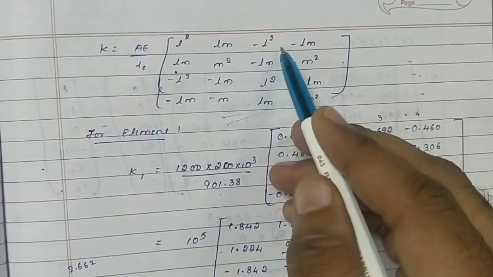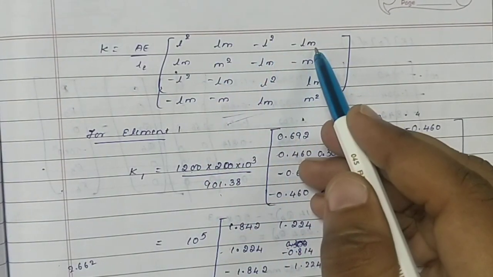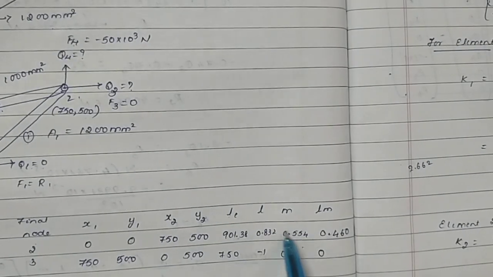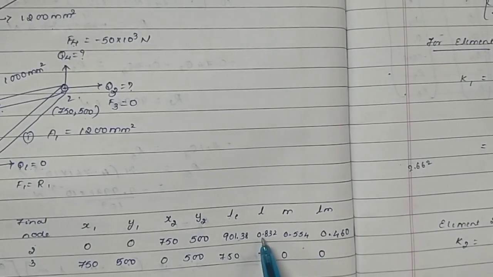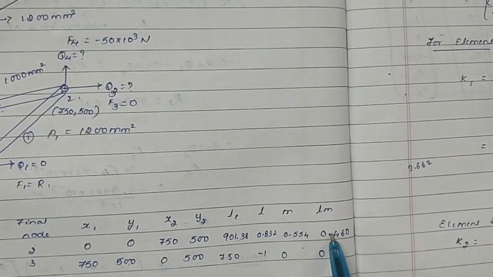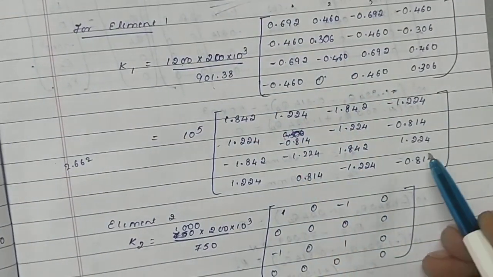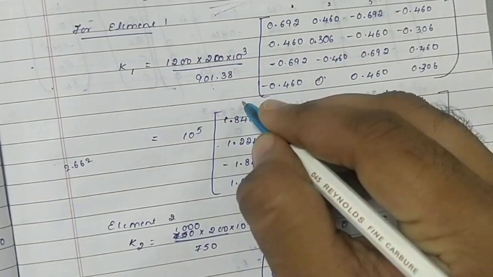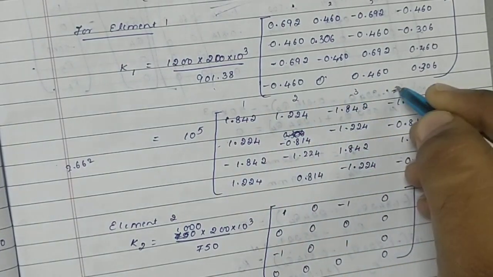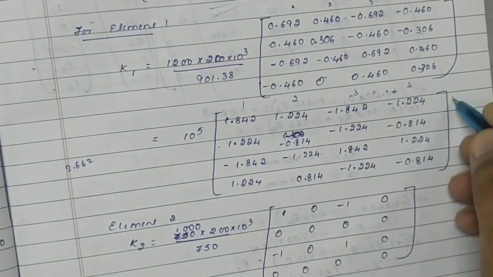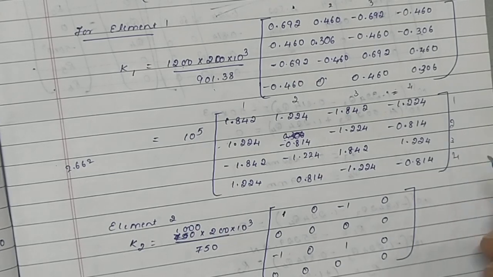Then use L square, LM, minus L square, minus LM, the same for the first element, L square, M and LM. All of this you have to use for the first one. Take 10 power 5 as common and multiply everything inside. This is between the nodes 1, 2, 3, 4, that is q1, q2, q3, q4.